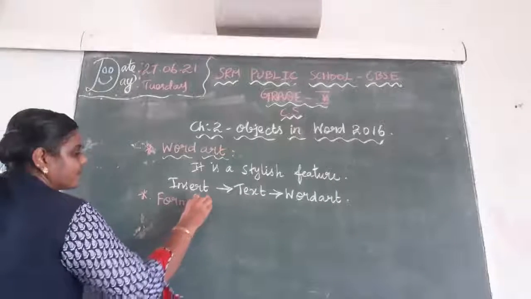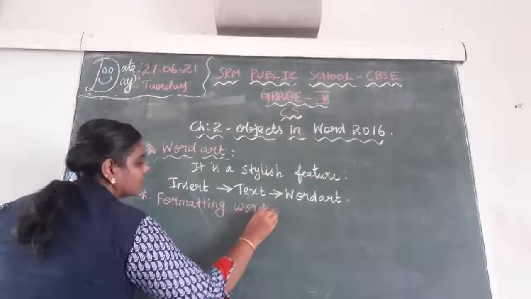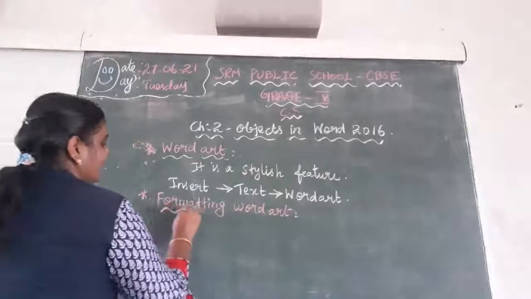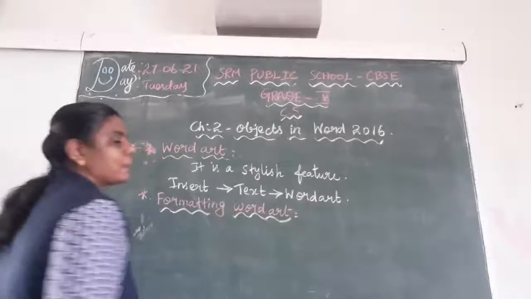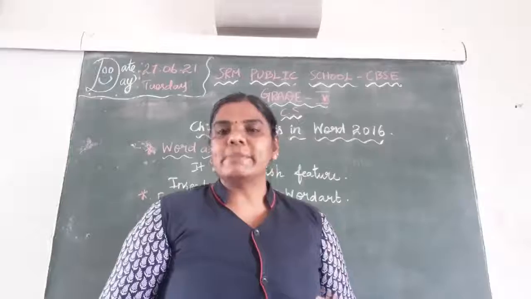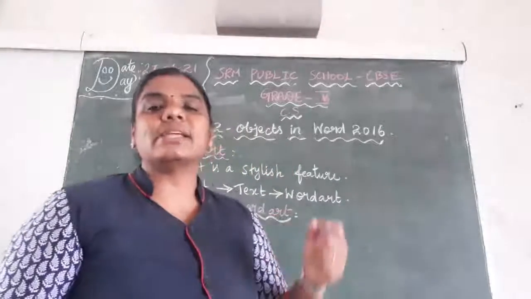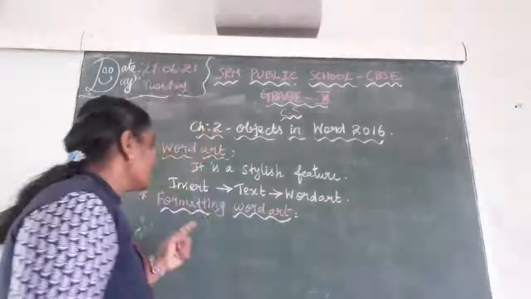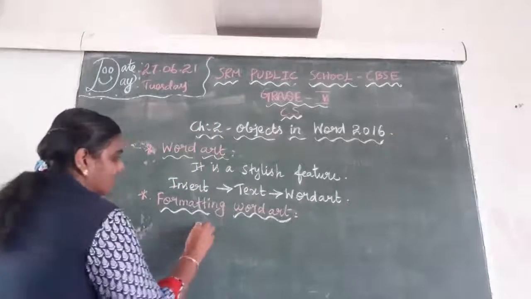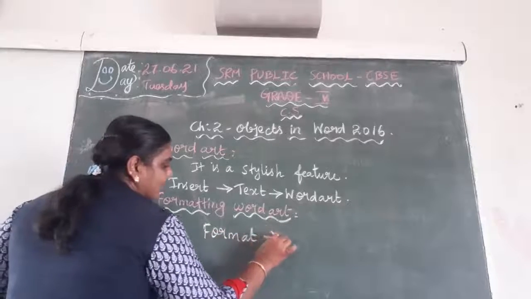Next one, formatting word art. So formatting means what? Changing, editing, right? How we can edit the word art? This option is available on the format tab. Which tab? Format tab.